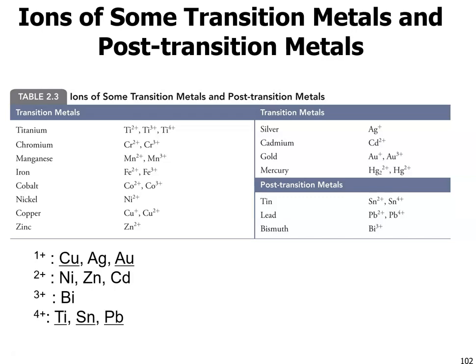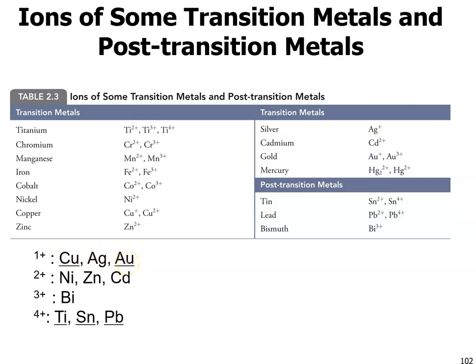And you'll notice I just have this little chart below. These will typically be some of the charge states that these will form. So copper, for example, is typically going to be a +1, but it can be a +2. Silver will always be only a +1. So these are underlined.